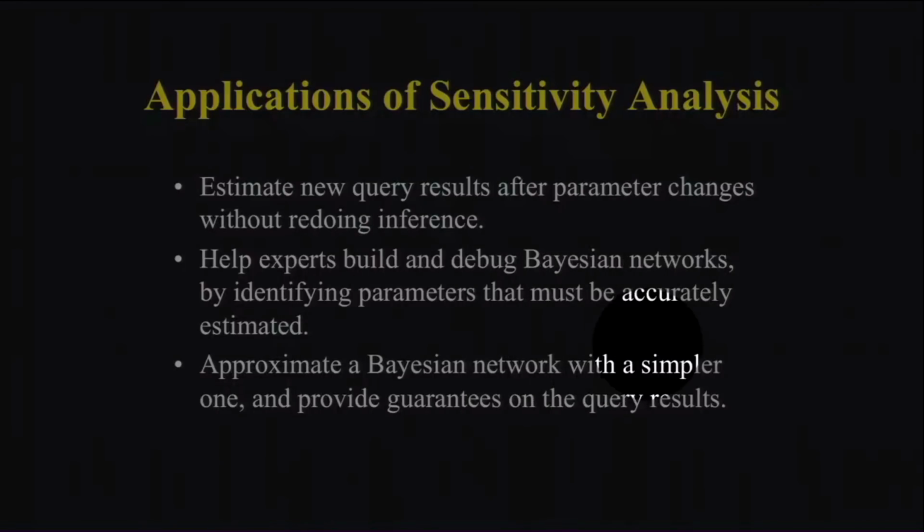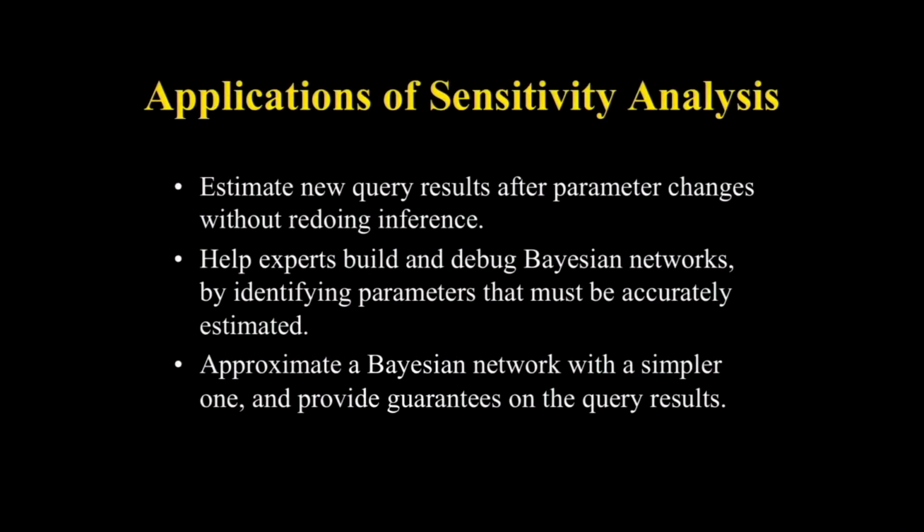And the last one you'll see that you can potentially use to make changes to a Bayesian network, which makes it approximate, but potentially simplifies inference on it, while still guaranteeing that you have not gone too far off from the actual answer.